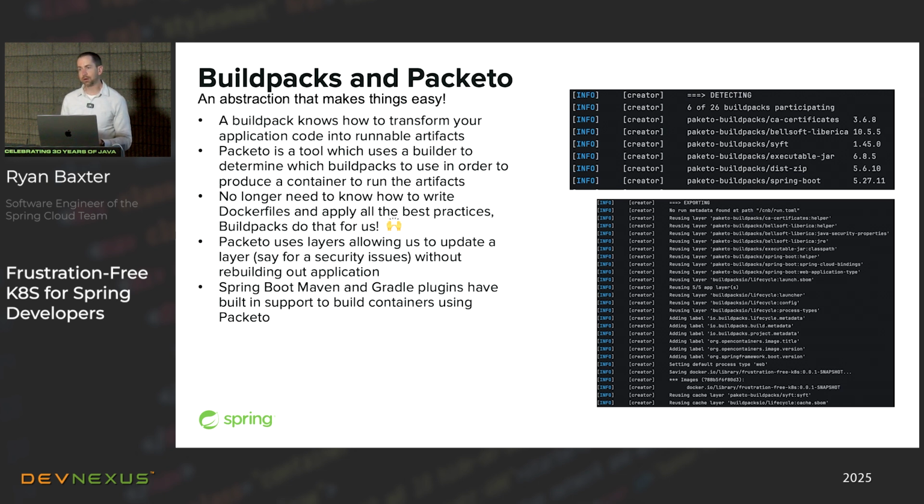And the cool thing is that it uses layering. So when there's a new version of something in your container, it can just go ahead and replace that one layer. If a security vulnerability was identified in the JDK layer, for example, it can swap out that layer without having to recreate the whole container for you.